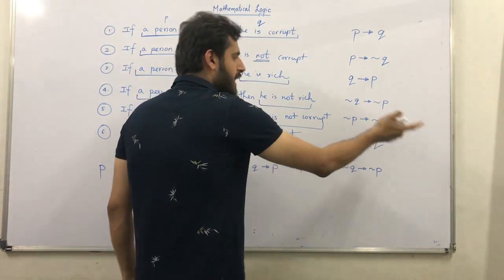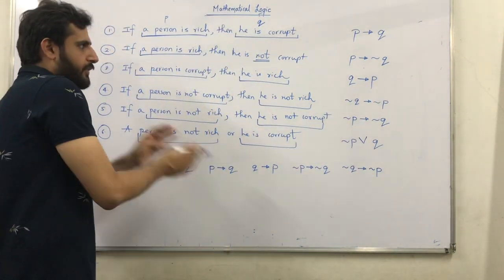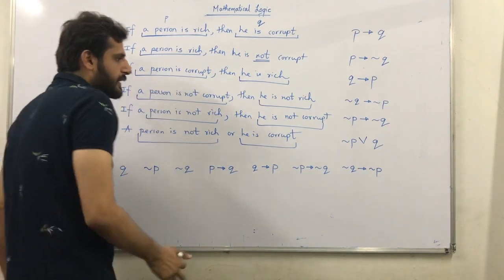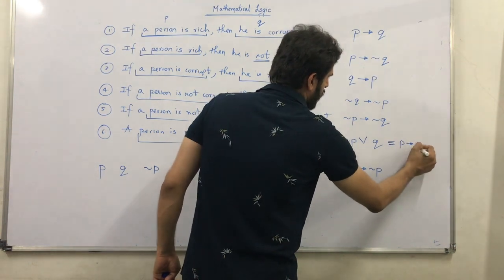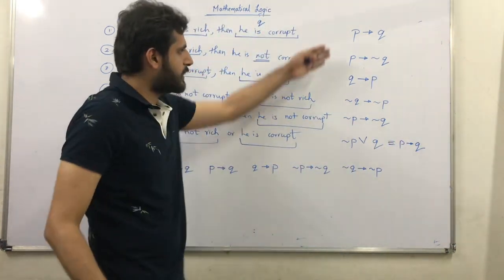This we did before I wiped the board off. The contrapositive is equivalent to P implies Q. So already we got one as equivalent to P implies Q.